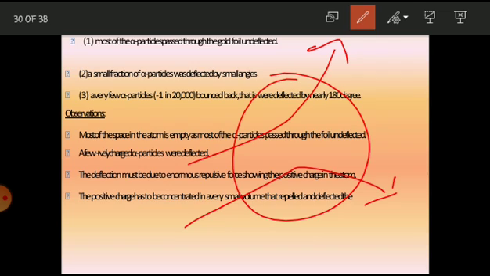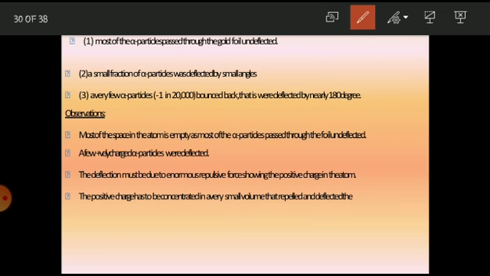So a small volume of positive charge should be there, and due to that reason only, a few alpha particles are what? Deflected.